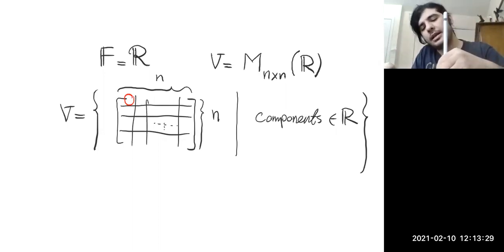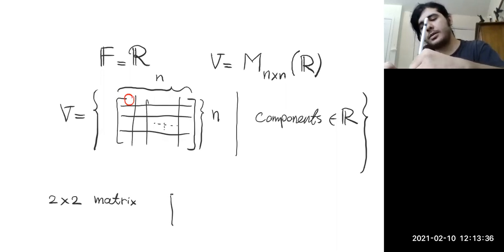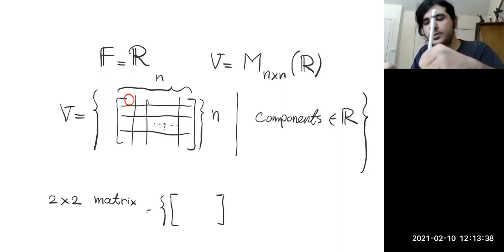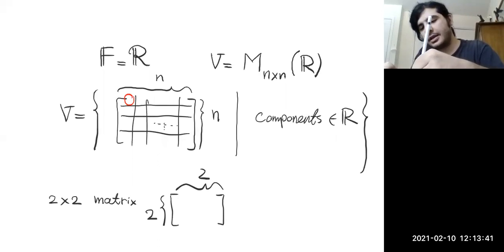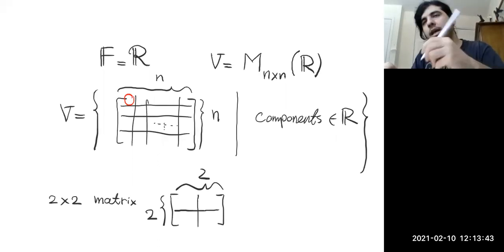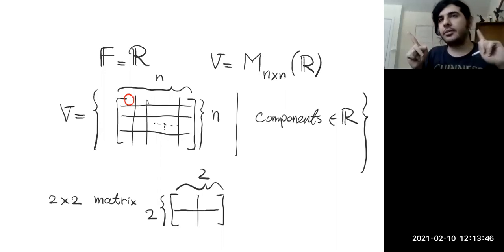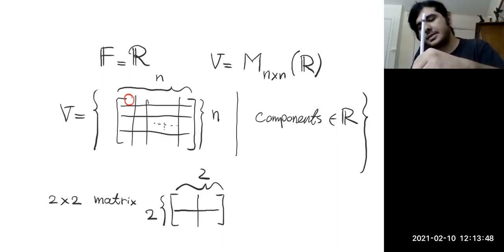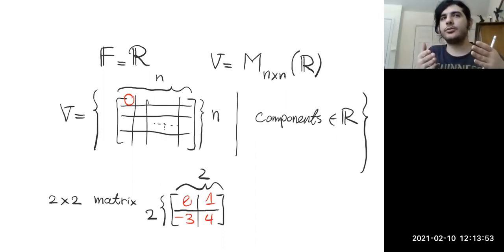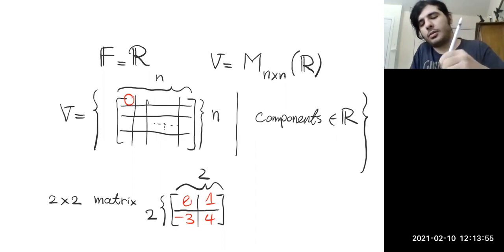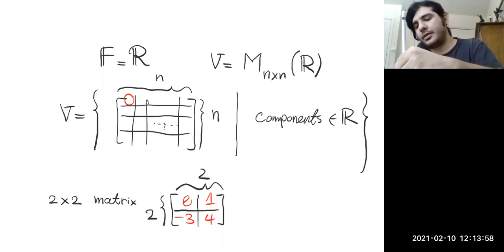So for example, an example of a 2 by 2 matrix is just a table which has 2 rows and 2 columns. It looks like this. And you can just write down any number you want there, say 0, 1, -3, 4. It's just an example of a 2 by 2 matrix. Or another example, say a 3 by 2 matrix, would have 3 rows.